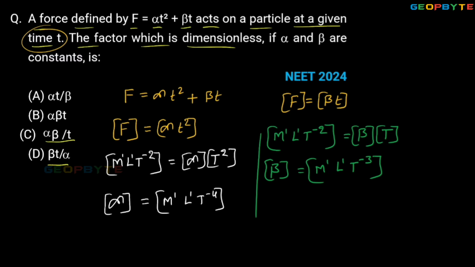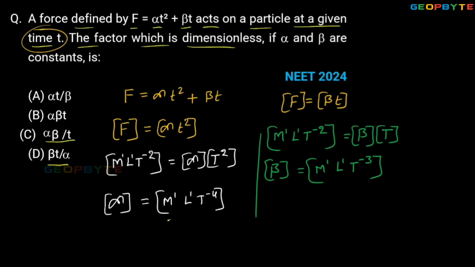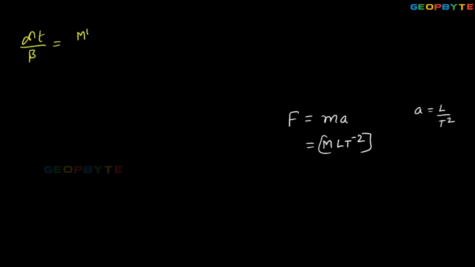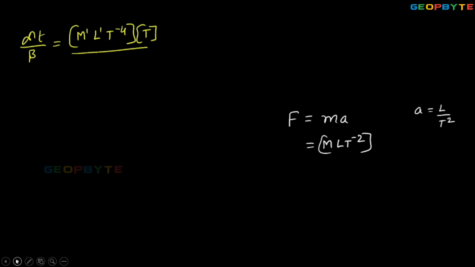Then let us decide for the first option, alpha t by beta. Alpha dimension is M power 1, L power 1, T power minus 4, multiplied by T, divided by beta dimension M power 1, L power 1, T power minus 3. Simplify this.